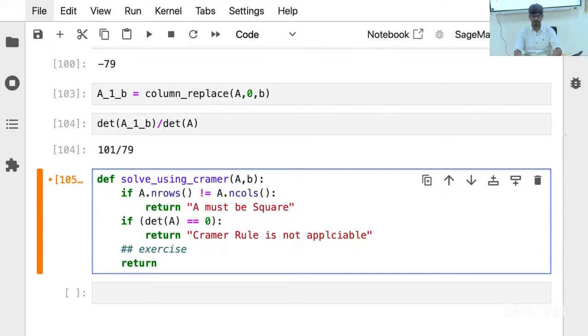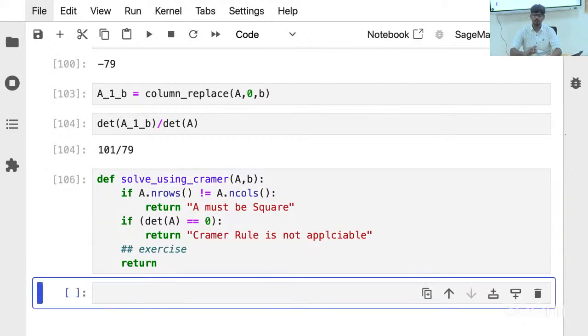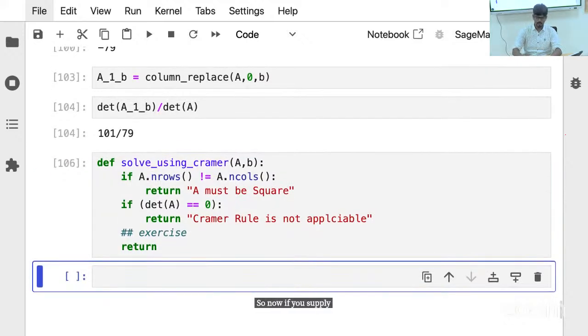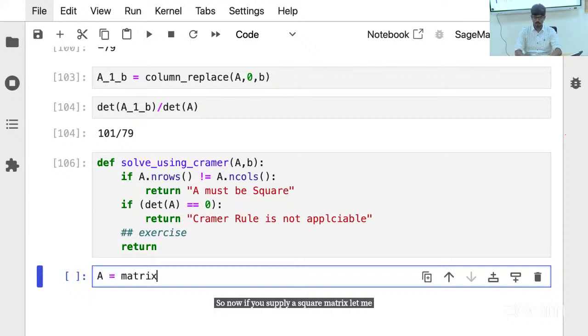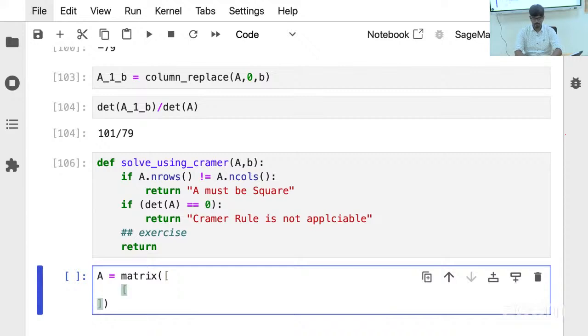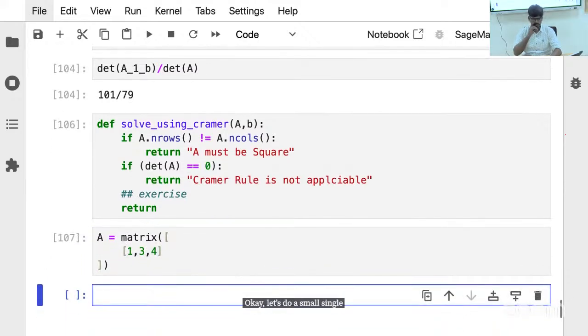Is that okay? Now if you supply a rectangular matrix, let me make a small single matrix. Obviously, it is rectangular, right?